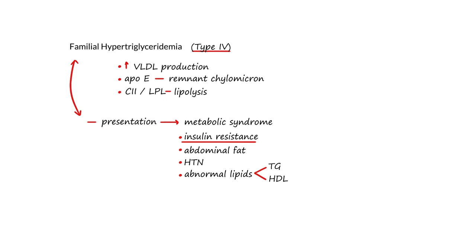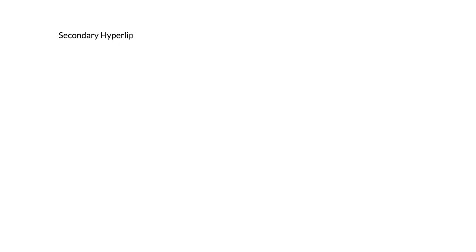The last thing we want to stop and talk about are secondary hyperlipidemias, because there are treatable underlying causes. The first is secondary hypercholesterolemia, and the most important of these is hypothyroidism. Thyroid hormone is necessary for proper formation of the LDL receptor. And so hypothyroid patients will have elevated cholesterol because of this defect.